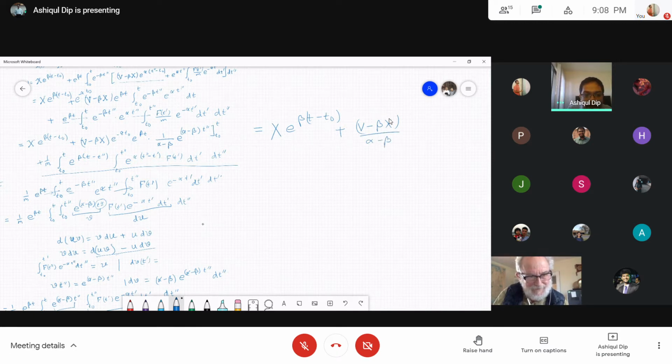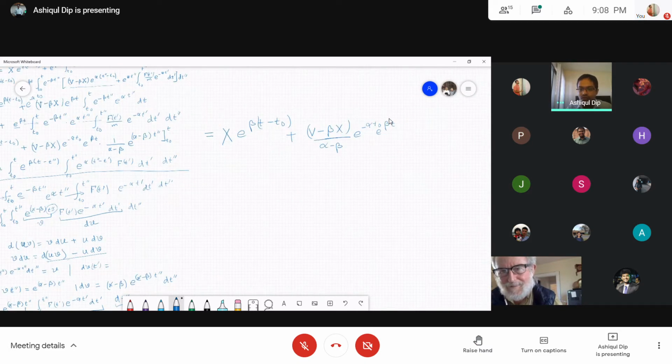and then, oh no, alpha minus beta cannot be factored out. Oh, actually it's a multiplication, right? So yeah, it can factor out everything. So e to the power negative alpha t naught e to the power beta t, this also can be factored out from that final result. Now we have just two terms.